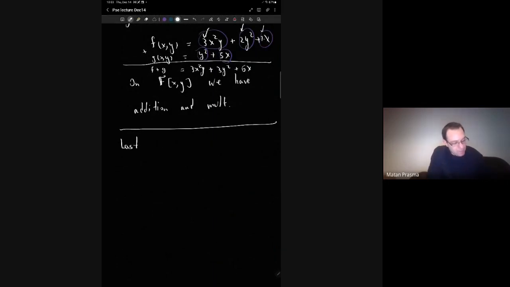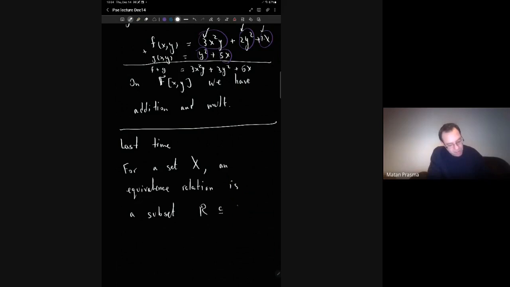Last time we defined the notion of equivalence relation. So for a set X, an equivalence relation is a subset R in the Cartesian product of X with itself.